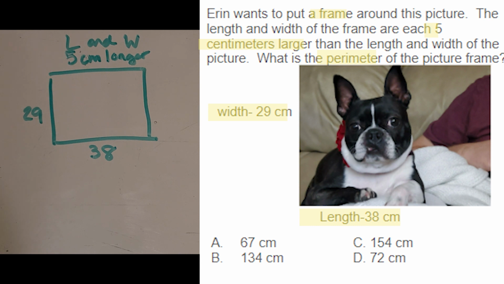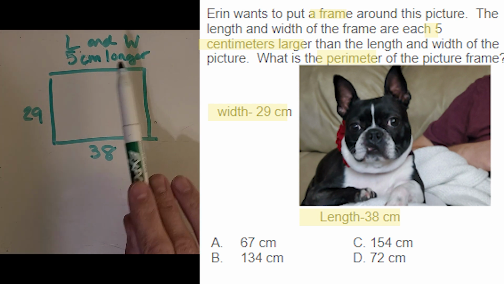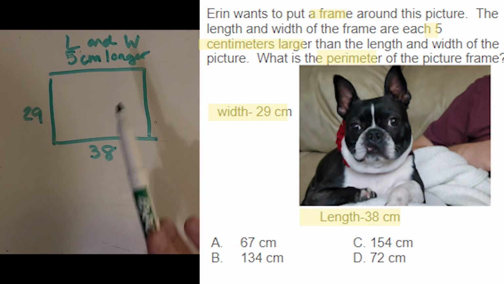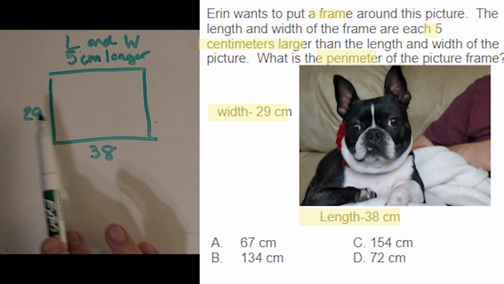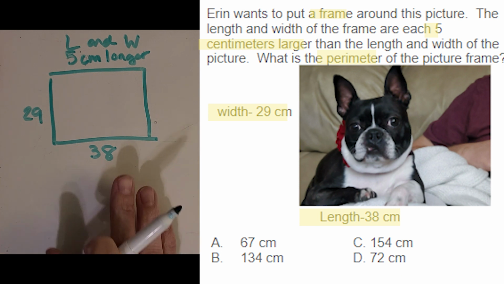So what do you think we need to do with that information to figure out the frame? Okay, so larger or longer makes me think, and probably made you think, to add on to the length and the width down here. And we could even draw it too.